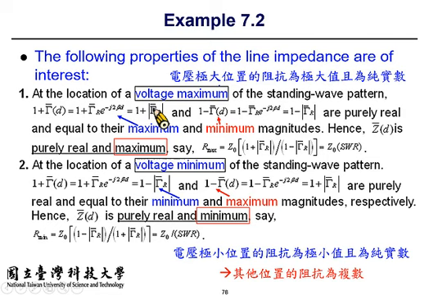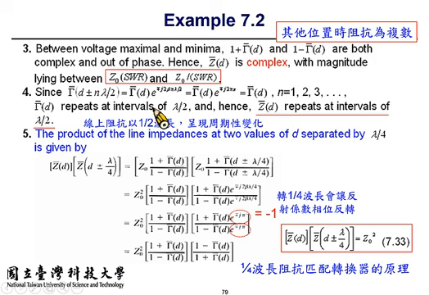So there are some interesting properties about the voltage maximum and voltage minimum on the transmission line. We know that, suppose between voltage maximum and voltage minimum, the 1 plus gamma and 1 minus gamma values are both complex numbers, and they are now of different phase.